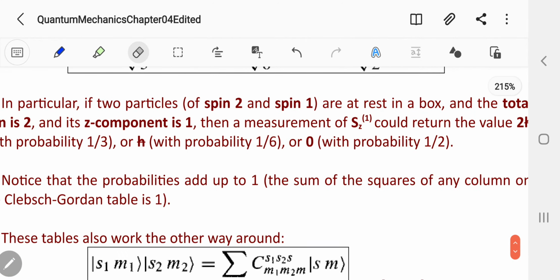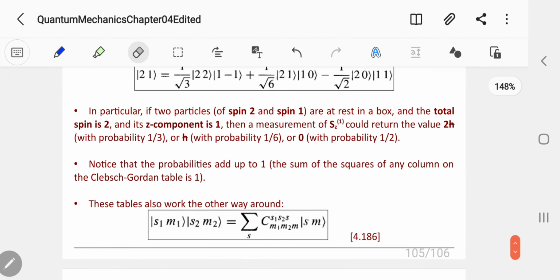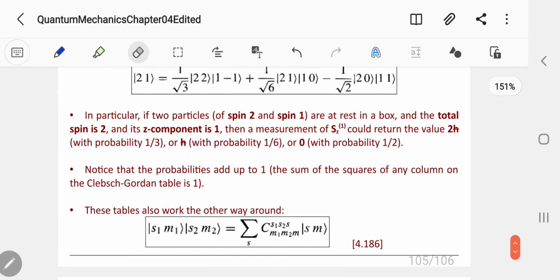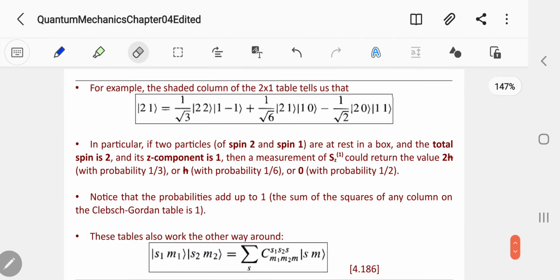And also, if you add up the squares of the coefficients, here you have 1/3 plus 1/6 plus 1/2, which is just equal to 1.